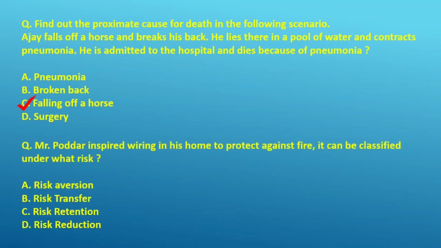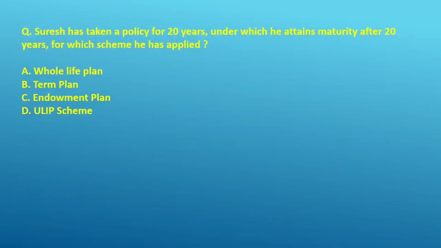Next is, Mr. Poddar installed wiring in his home to protect against fire. It can be classified under what risk? Answer is D, risk reduction. Suresh has taken a policy for 20 years under which he attains maturity after 20 years. For which scheme has he applied?